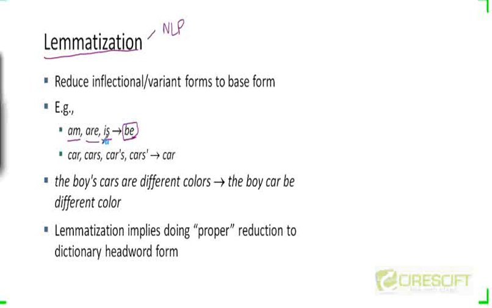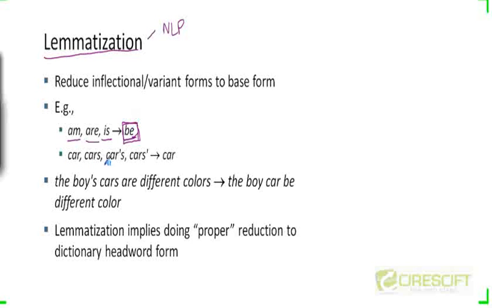So what lemmatization does is it collapses tokens into terms based on a sophisticated linguistic technique that will map the various words that are derived forms of this base word into the same equivalence class.